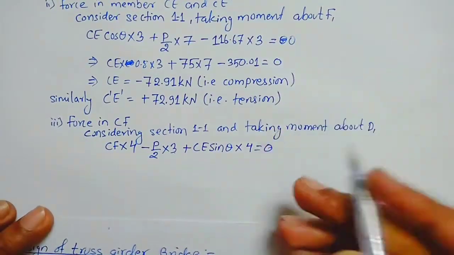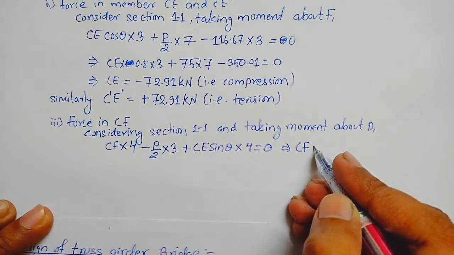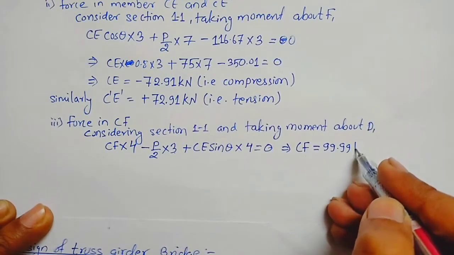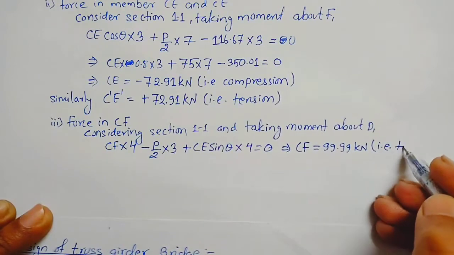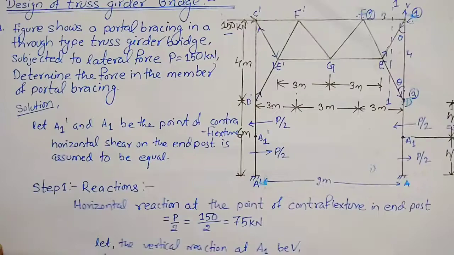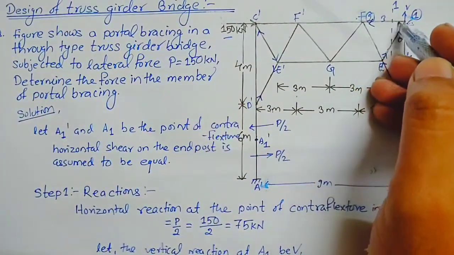So from here we will be able to find the value of CF, which will be equal to 99.99 kilonewton, which is positive. That means that is tension. So guys, we have calculated the force in CF, which was tension, so let us represent it as tension.